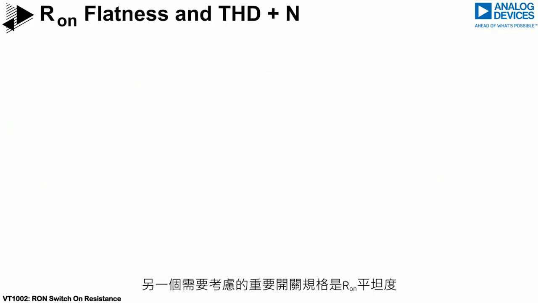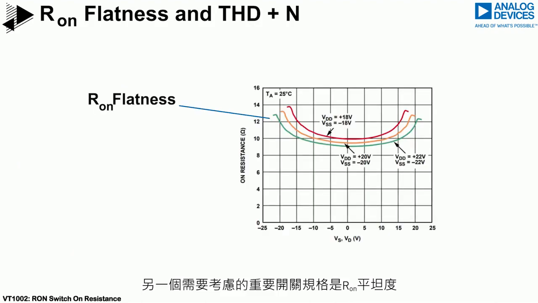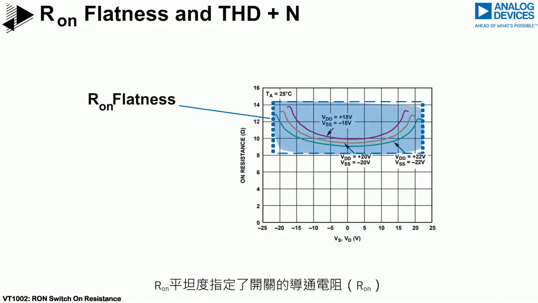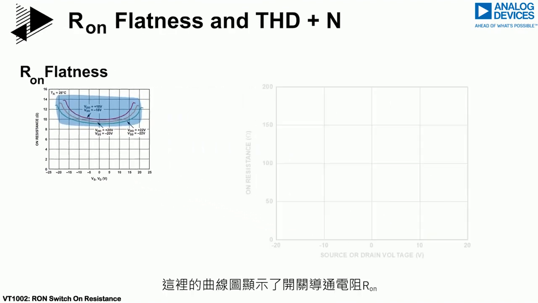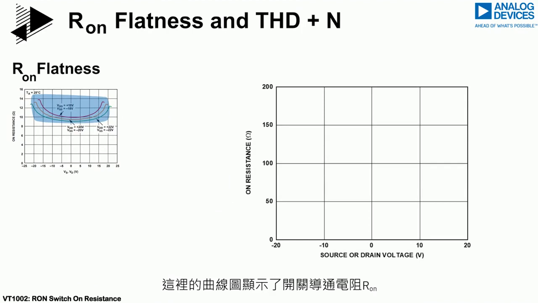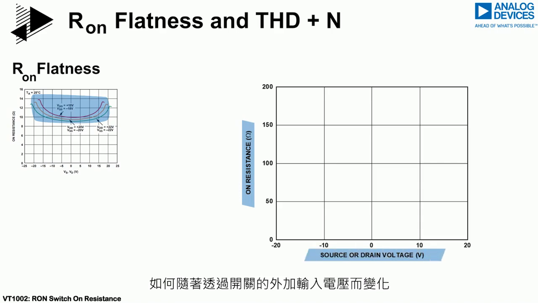Another switch specification that is important to consider is the Ron flatness. The Ron flatness specifies how much the on resistance, Ron, of the switch varies in relation to the applied input voltage. Here we show a plot that presents the switch on resistance, Ron, versus the applied input voltage that passes through the switch.